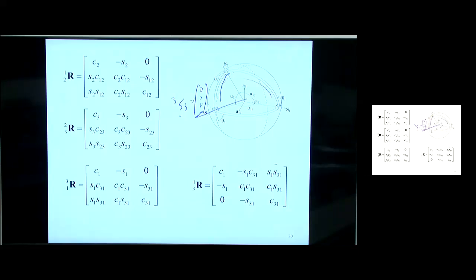What we got, in the notation, was x2 bar, y2 bar, z2 bar. We took S3 in the third and brought it to the second, then to the first, and got that.